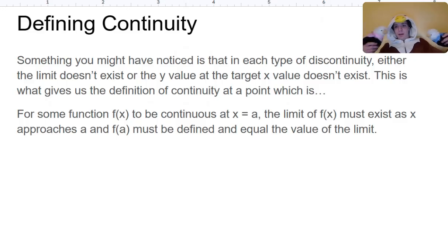So Jackie and Shadow, from either side, they're going to the same place, but they can't quite get there. So for it to be a discontinuity, it has to have a limit that doesn't exist or an undefined value.